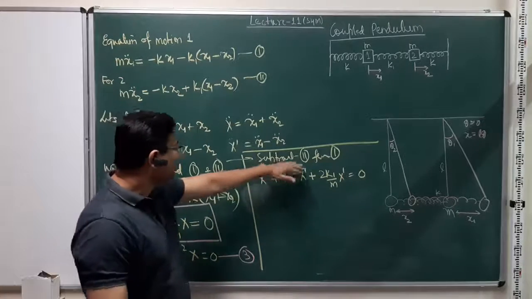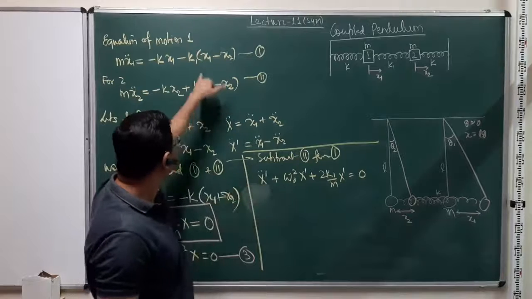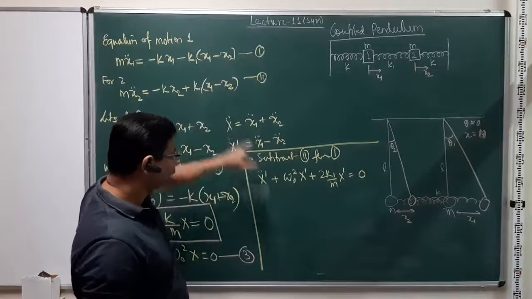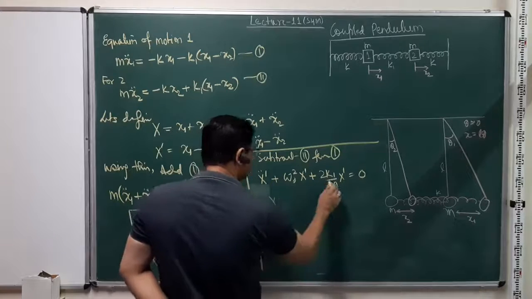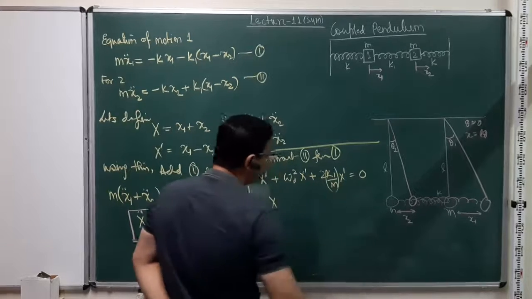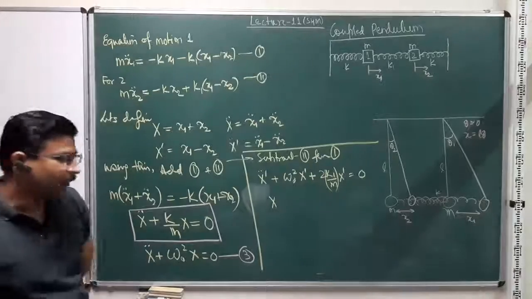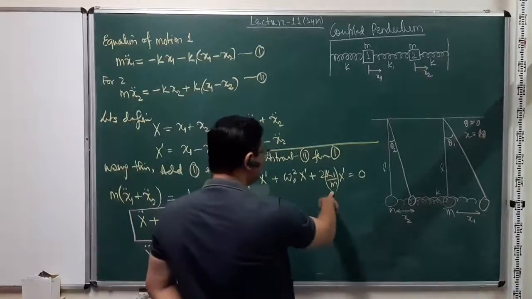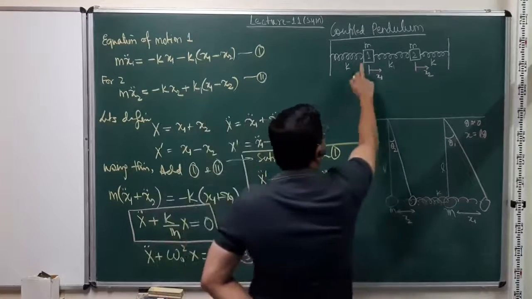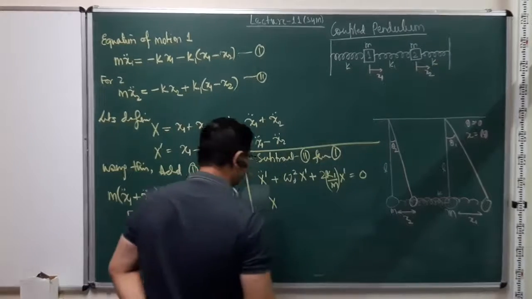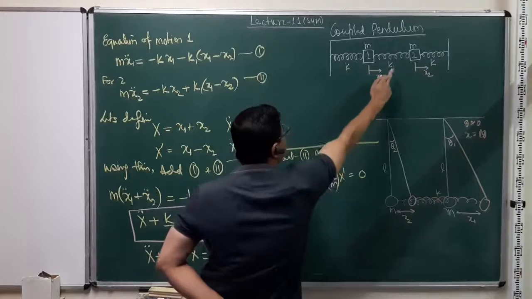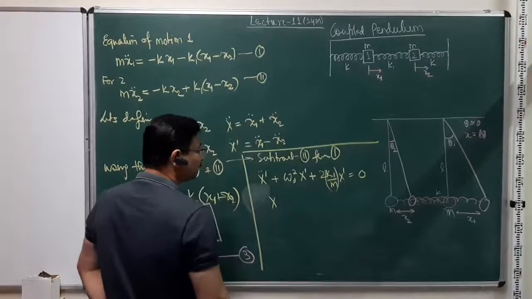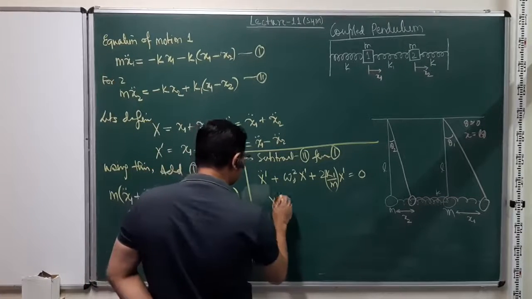If you subtract 2 from 1, then we get this. And now what I can do is define this k1 by m also as a frequency parameter. This is also a frequency, although it's not the natural frequency of this mass and this mass connected to these springs. However, this is also a frequency characterized by the spring constant of the coupling spring.